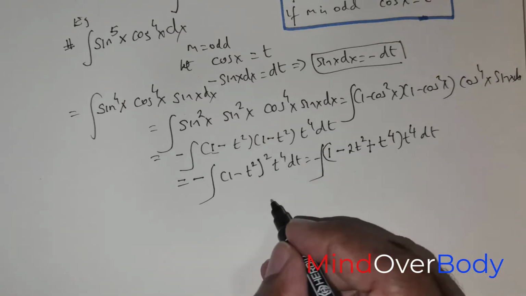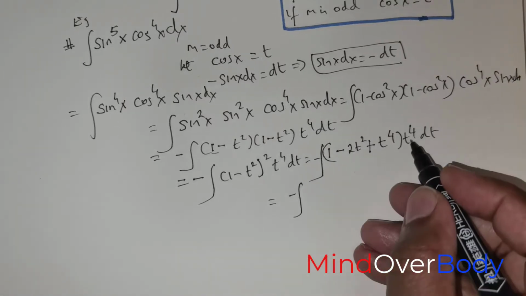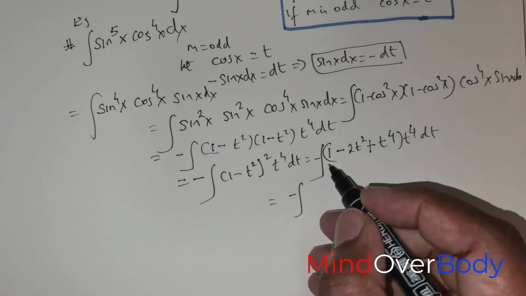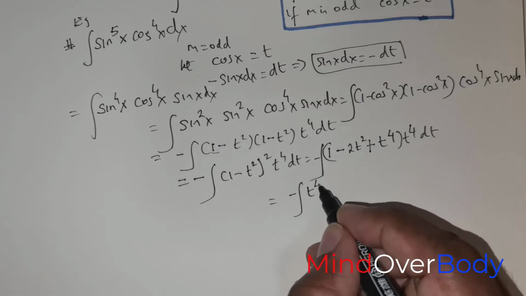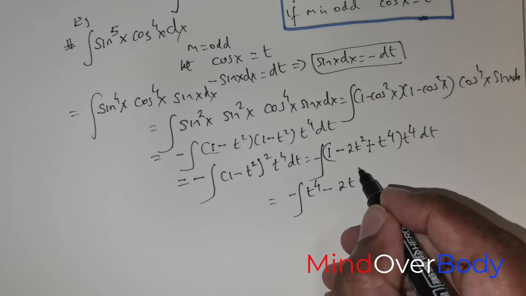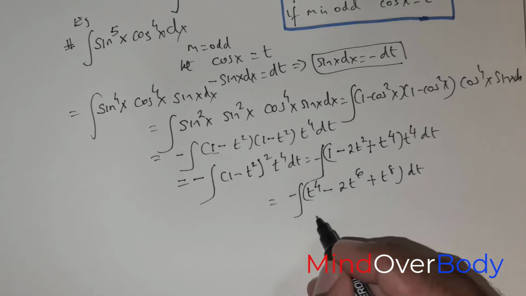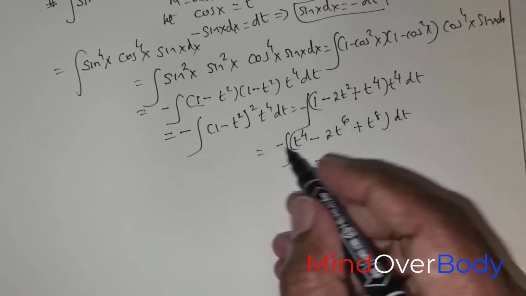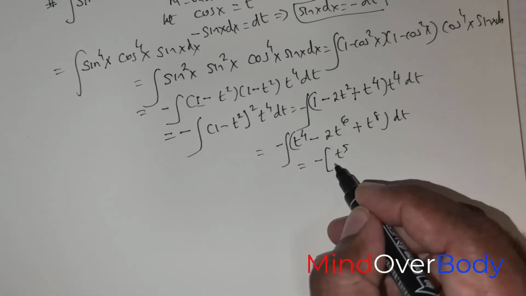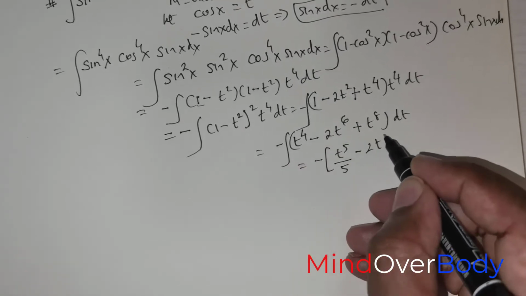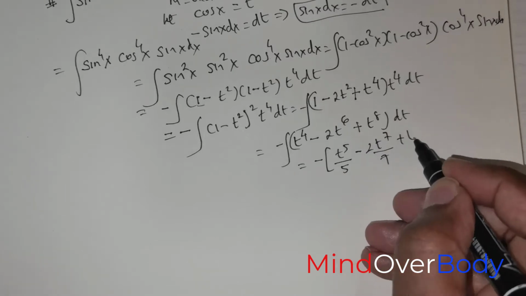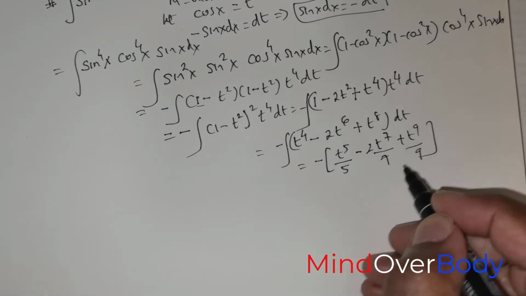I'm going to distribute t to the power of 4, and that gives me t raised to the power of 4 negative 2 times t raised to the power of 6 positive t raised to the power of 8 times dt. If I were to integrate this, I would get t raised to the power of 5 divided by 5 negative t power 7 divided by 7 positive t power 9 divided by 9.